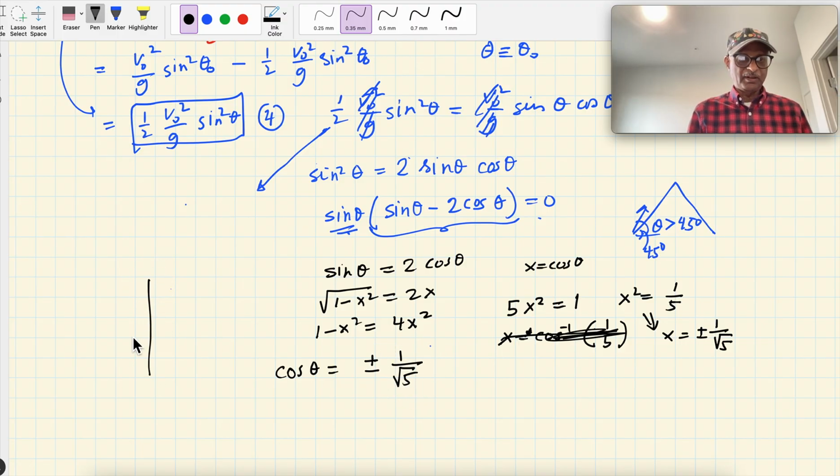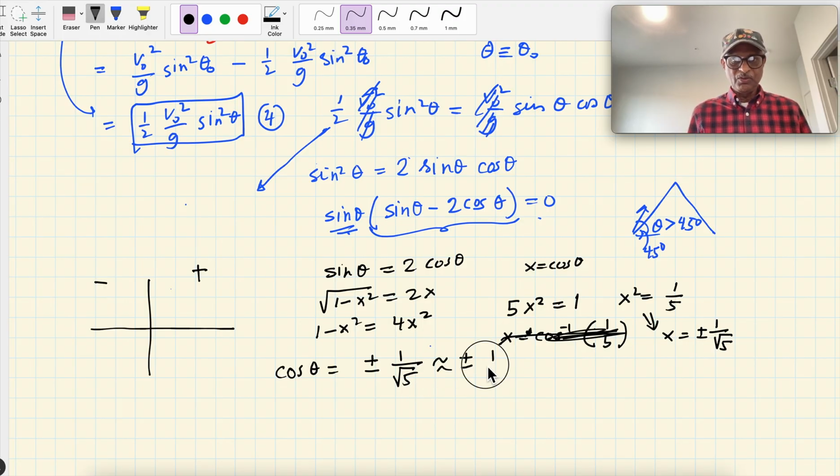So if you look at cosine theta, it is positive here, negative here. This is like plus or minus 1 over about 2.2 or something like that. So this could be base over height.